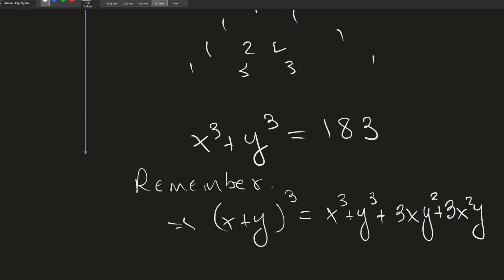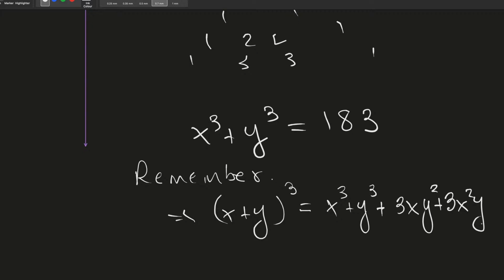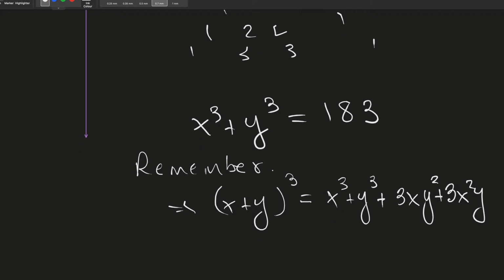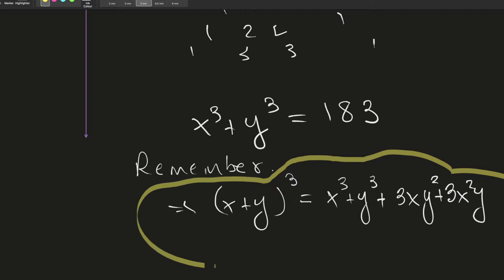That says the cubic sum of x and y will give us this expression that we see over here. It doesn't mean anything at all. It's all application of what we've learned earlier. So the expansion of this binomial theorem will give us that.